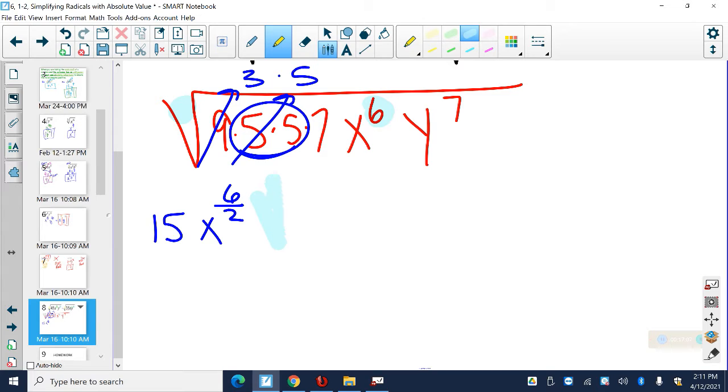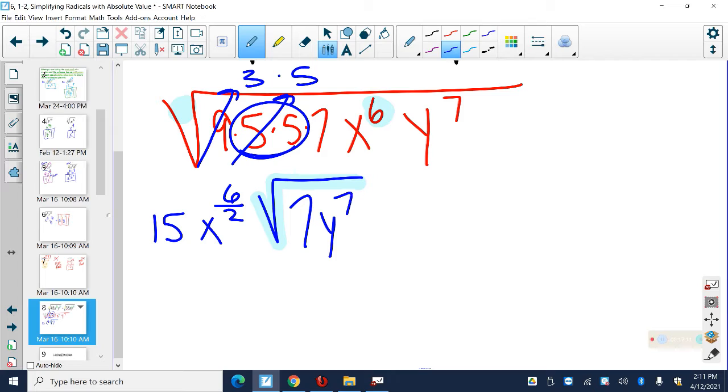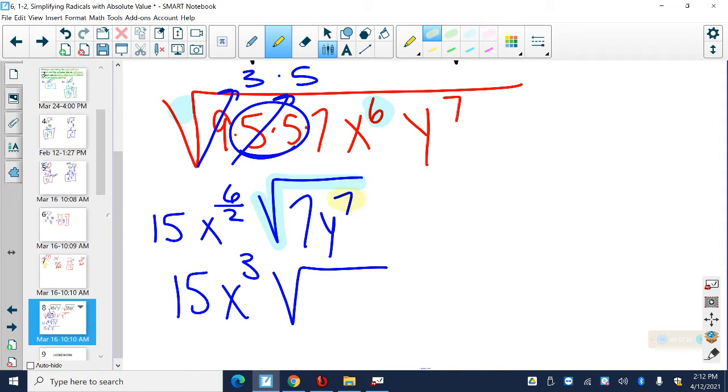So what I have left inside there is going to be a 7y to the 7th. Okay? Now we're not done. 6 divided by 2 is 3. Now, is my power of 7 divisible by my root of 2? Is 7 divisible by 2?